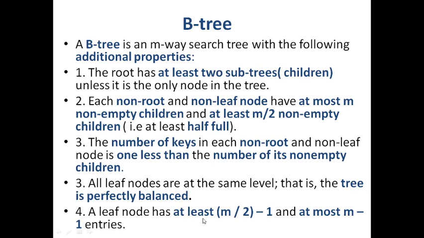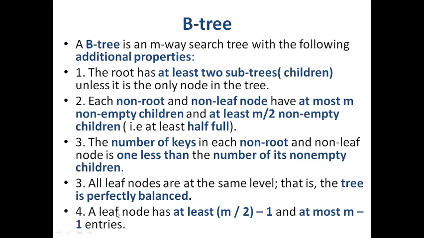But for the leaf node, it has to be at least m by 2 minus 1. So m by 2 minus 1 is an additional condition. There is an additional restriction on the leaf node, that each leaf node has to have at least m by 2 minus 1 values, and at most m minus 1 entries. M minus 1 is common for all the nodes, but m by 2 minus 1 is an additional restriction on the leaf node.